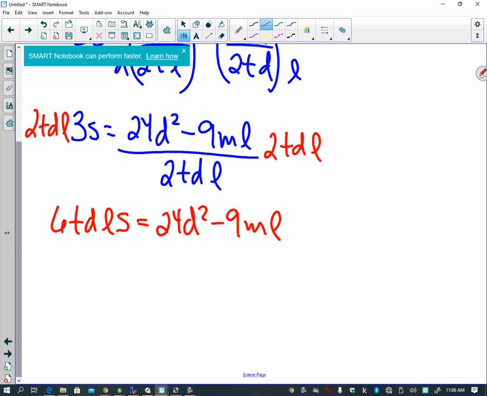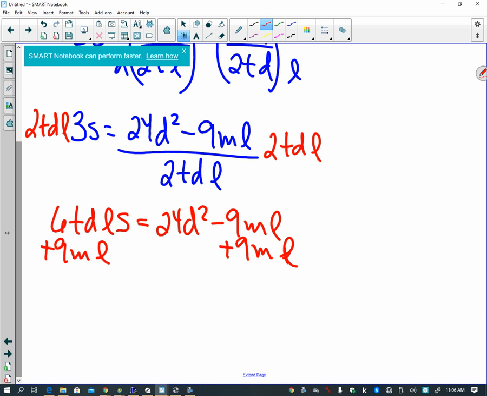Now, this is the point where it's important what I'm solving for. In this question, I'm solving for L. So I'm going to move the term that has the L in it over to the left-hand side to join up with the other value that has the L in it. So I'm going to add 9ml to both sides.